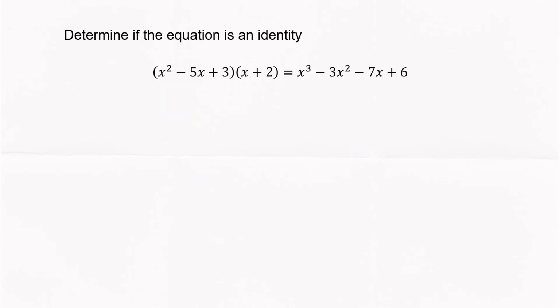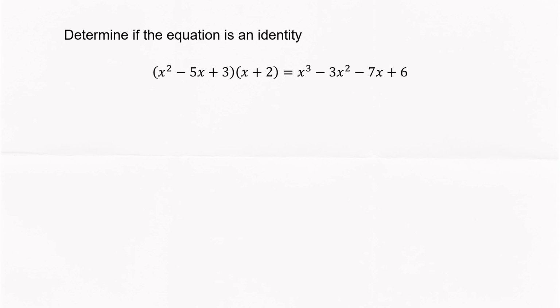Another example says determine if the equation is an identity again. But this time, the left side is a little bit different than in the last example. Now we have x squared minus 5x plus 3 times x plus 2. We can't apply the FOIL method as we mentioned earlier, because the FOIL method only applies when you're multiplying two binomials.